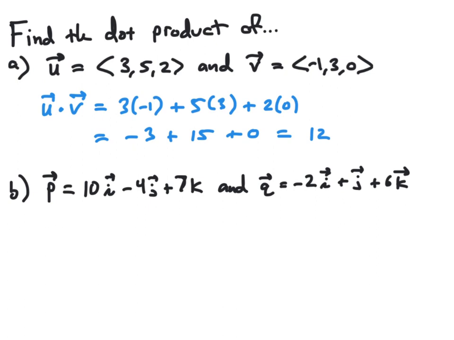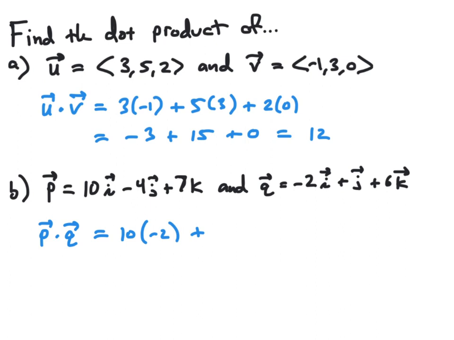In part B, we have two vectors expressed using the standard unit vectors, but the calculation is still the same. We're going to do p dot q by multiplying together the appropriate components and then adding those products together. So our i component here would be 10 times -2.